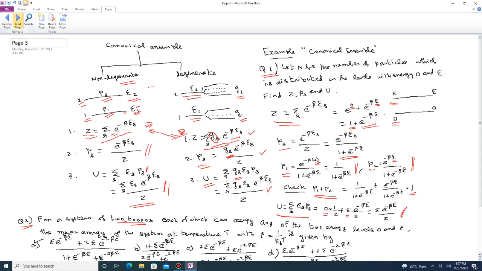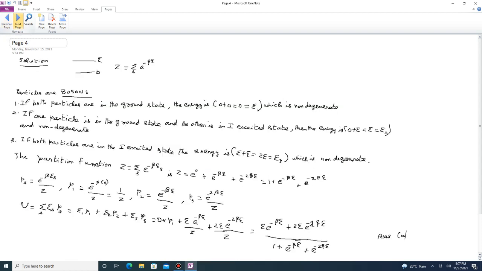In order to calculate this, the system has two energy states, 0 and E, and the partition function is Z equal to summation over s of e power minus beta E_s. But here the particles are bosons, so this is important. A boson is a spinless particle.